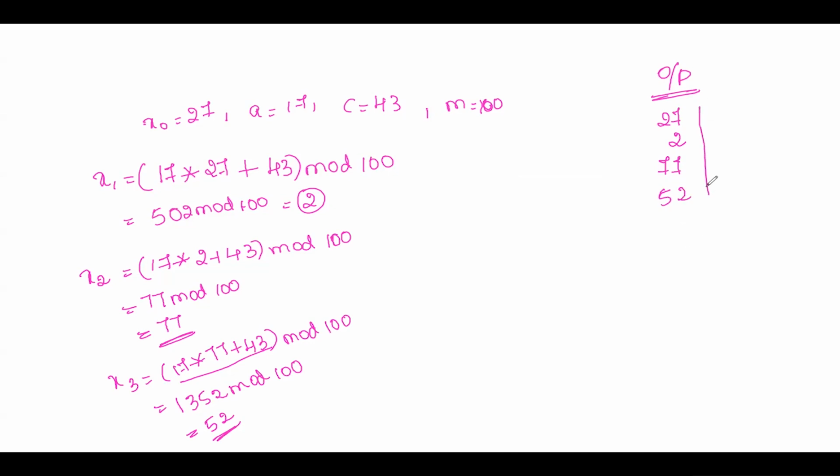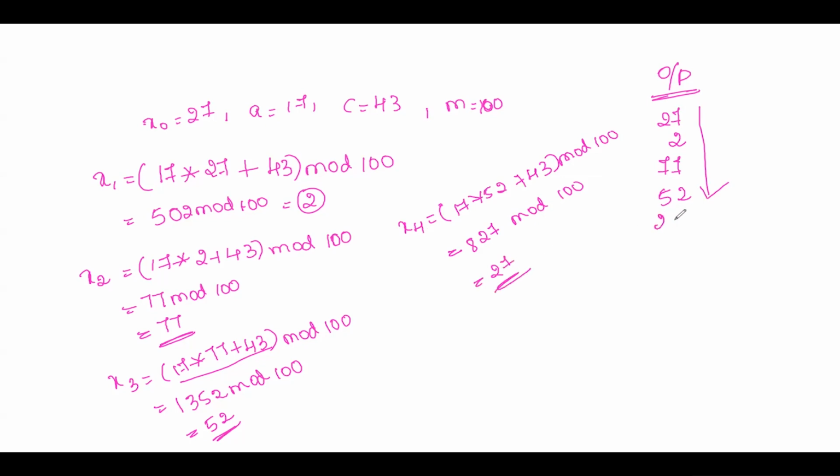So you can see how the random numbers are getting generated. Let us calculate x4. So x4 is 17 into 52 plus 43 mod 100, which is 827 mod 100, which is 27.